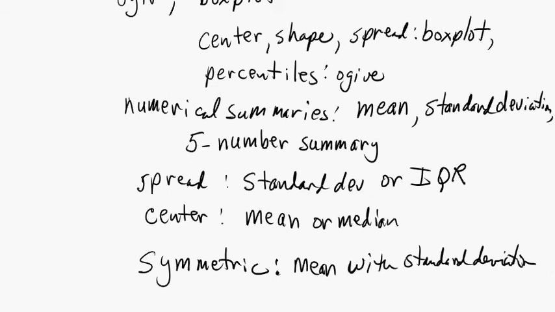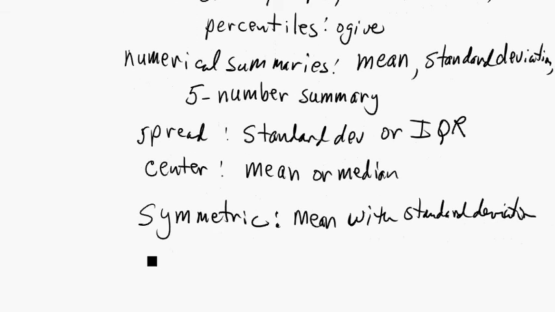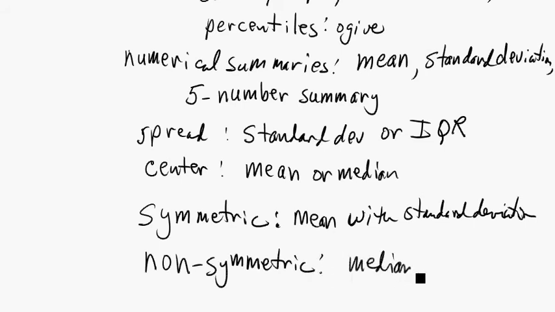Now, it's not a hard and fast rule, but if your shape is not symmetric, you'll want to use the median with the IQR. There's nothing wrong with using the median and the IQR on a symmetric distribution.